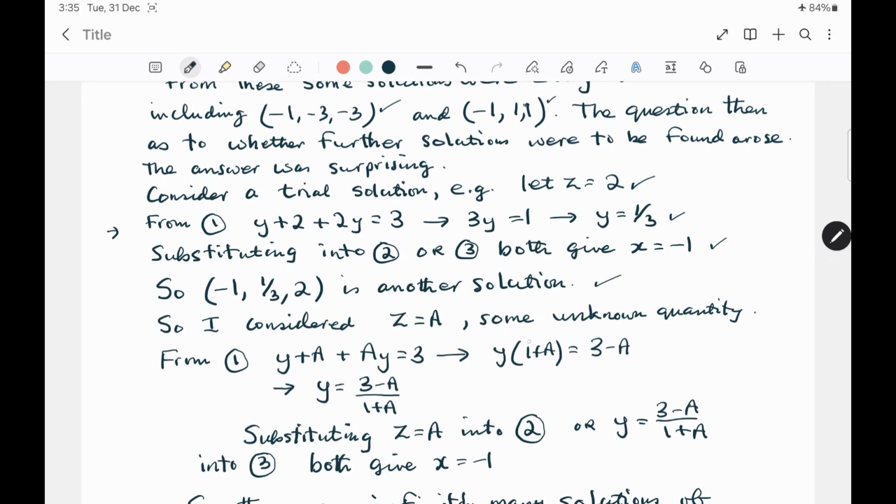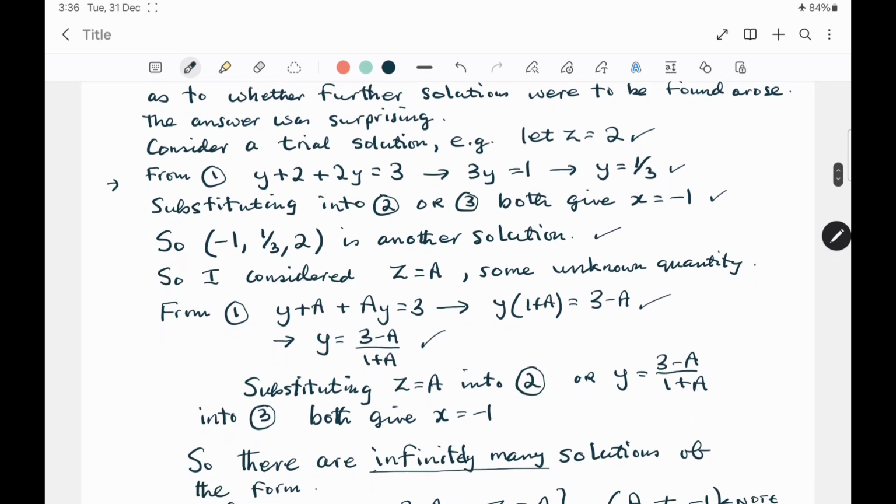So factorizing a little bit, we get y times (1 plus a) equals 3 minus a. And then y equals (3 minus a) over (1 plus a).